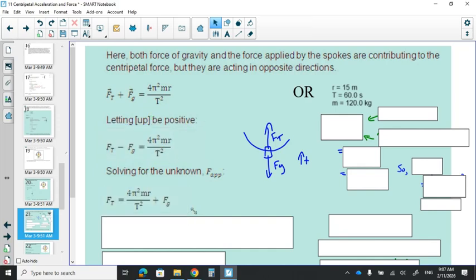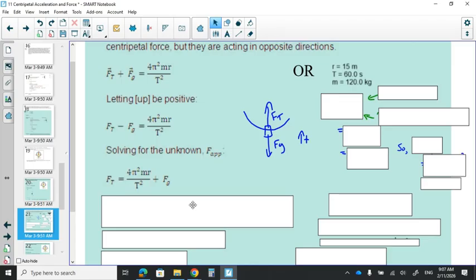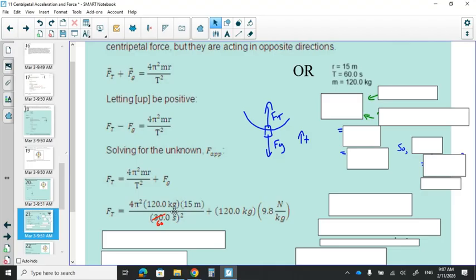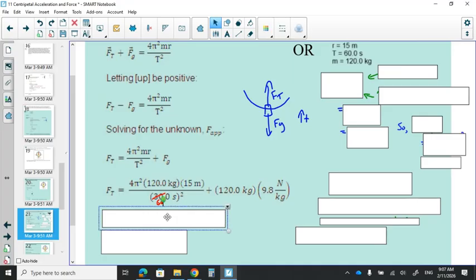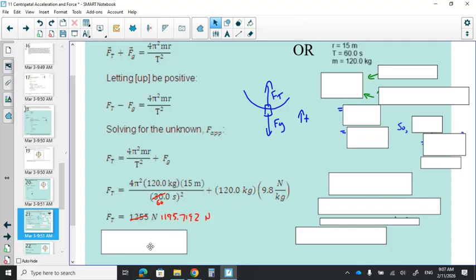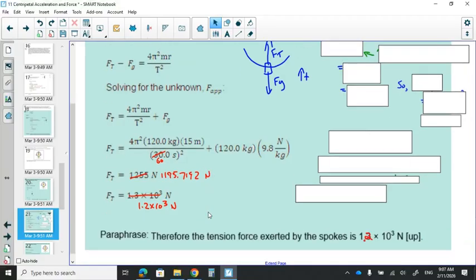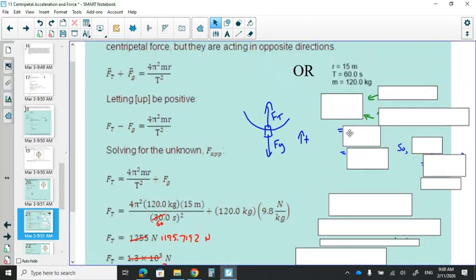They have in here solve for the unknown F_app, which is the tension force, the applied force on the mass. They plugged a 30 in by accident instead of a 60, so I'm just fixing that and saying, okay, we got 1.2 times 10 to the 3 newtons, right?